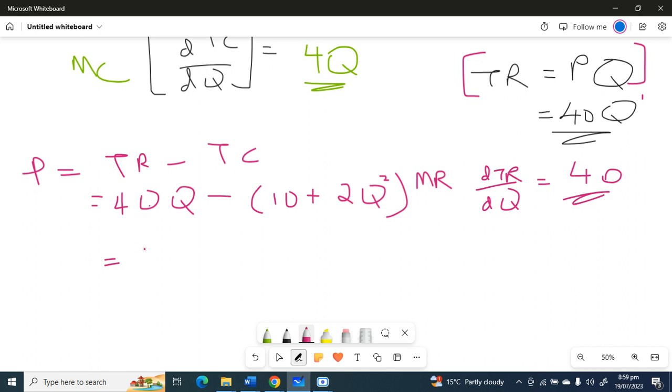We're going to have 40Q, then we distribute the negative sign: negative 1 times 10 gives negative 10, and negative 1 times 2Q squared gives negative 2Q squared. So this is your profit function.